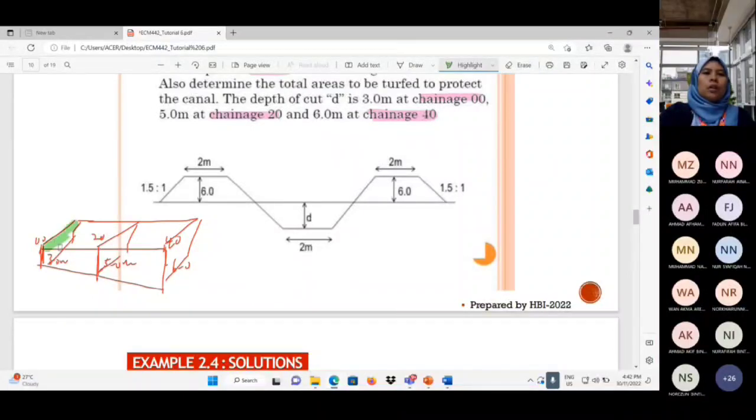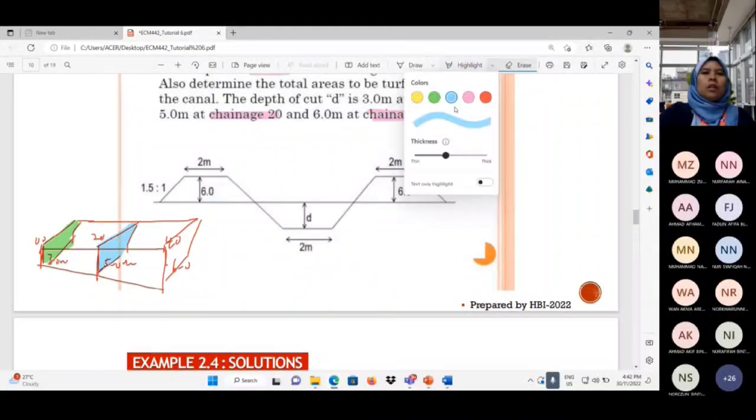This one, depth 3 meter. This one, dekat chain 20, 5 meter. And at chain 40 is 6 meter.